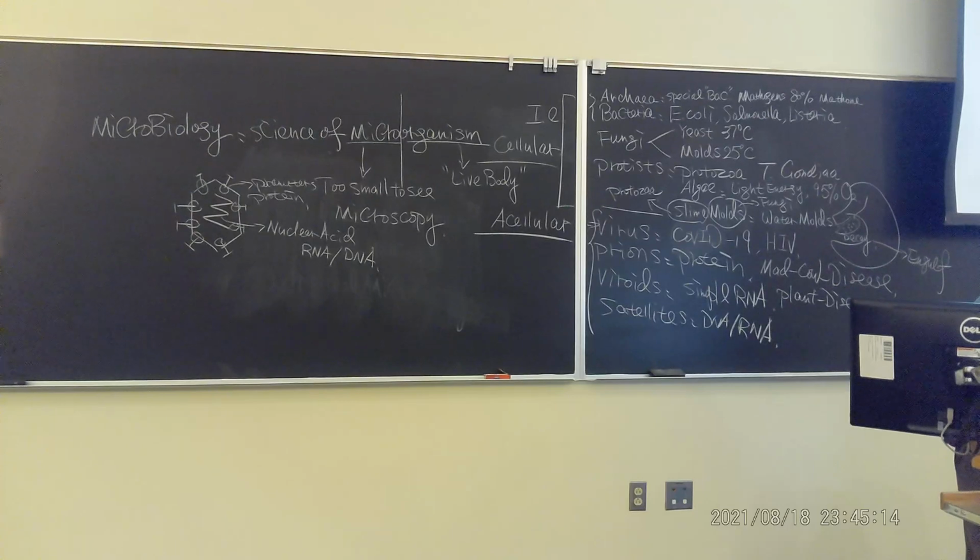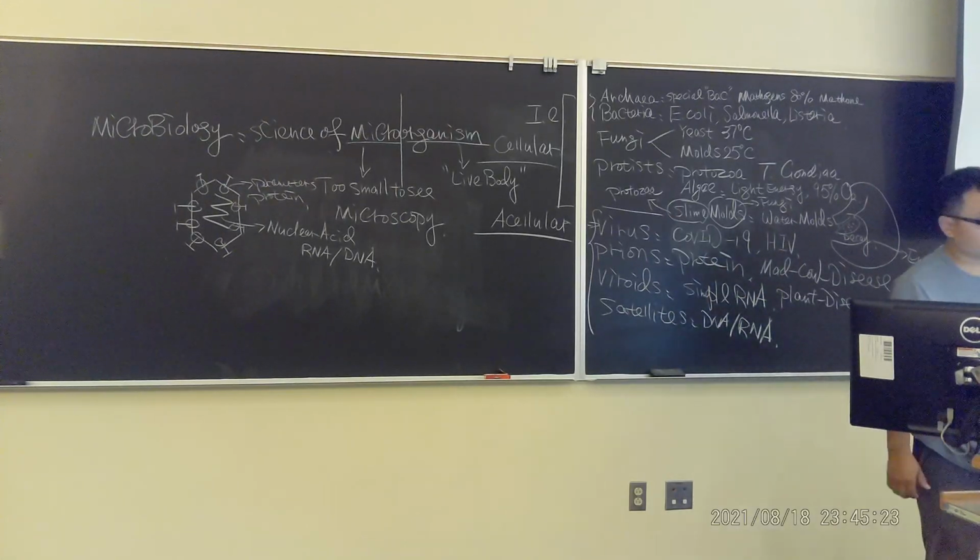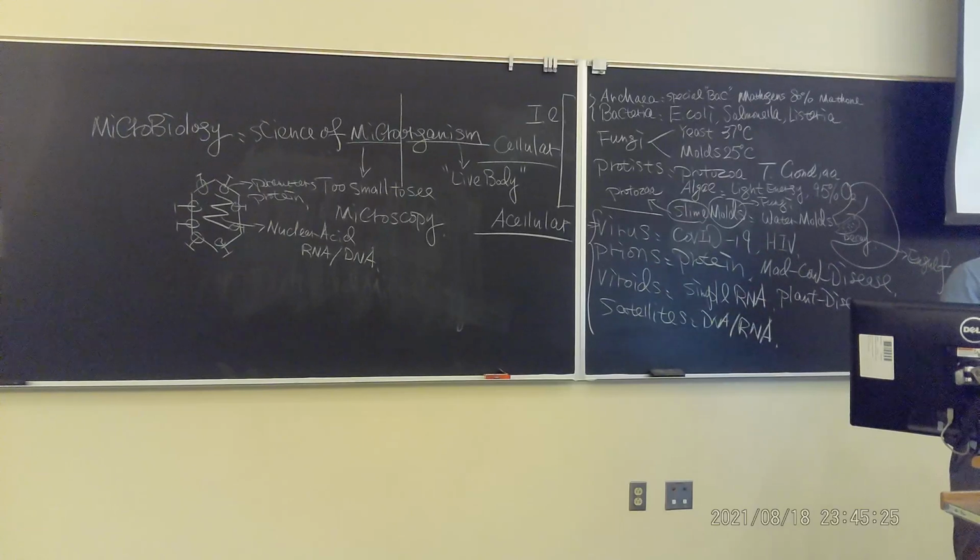Okay, we still have some time, so we're going to continue. How are we going to classify microorganisms? Very simple. Three domains: bacteria, archaea, and eukarya. How did they do that? They took the DNA or other nucleic acids, the genetic material, from the microorganism.